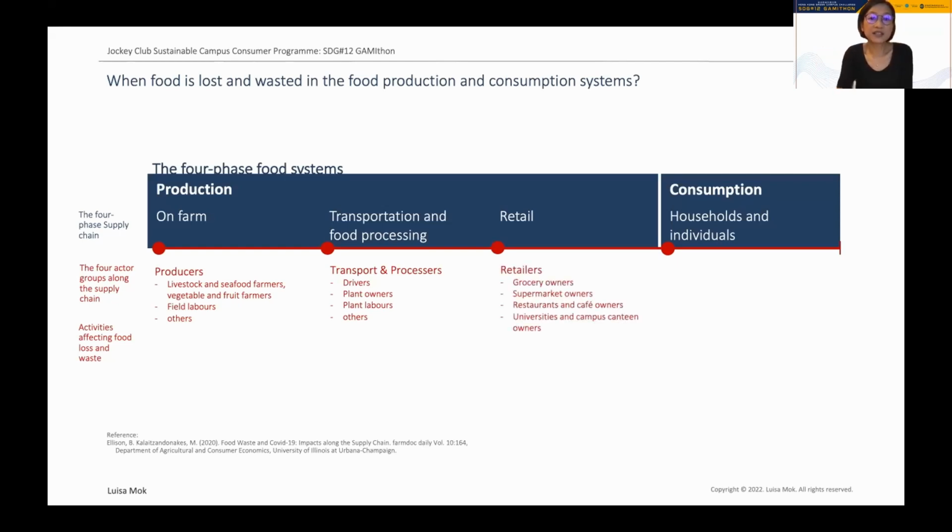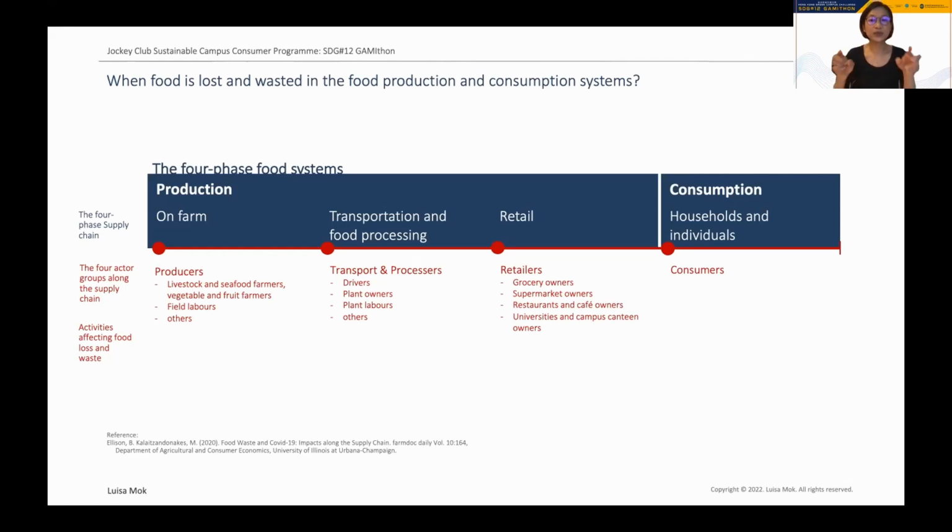And then retailers, as I've mentioned, the actors are supermarket owners, restaurant owners, and universities and campus canteen owners are also key actors in this retail phase. And the last one, of course, is consumers, covering everyone, students or any professionals.